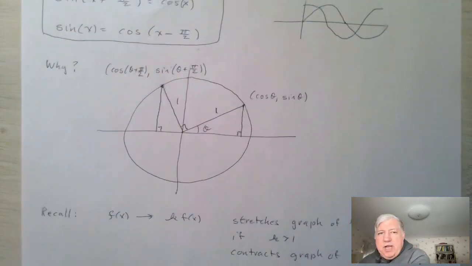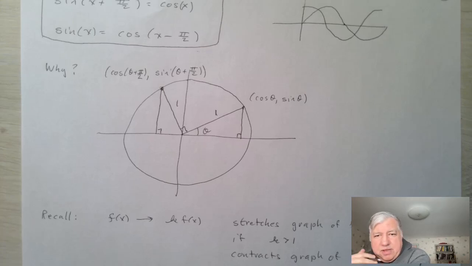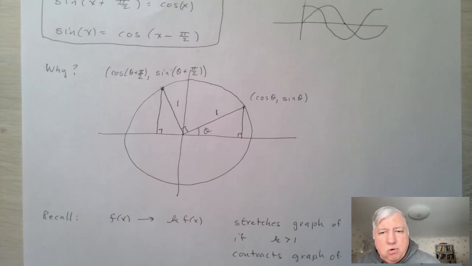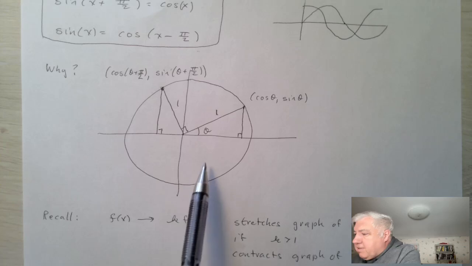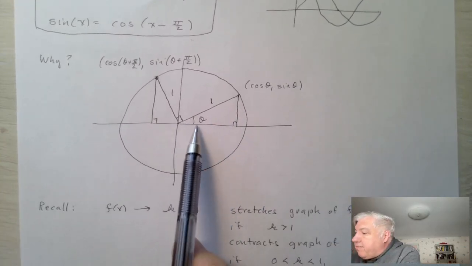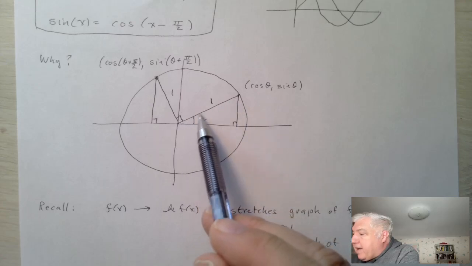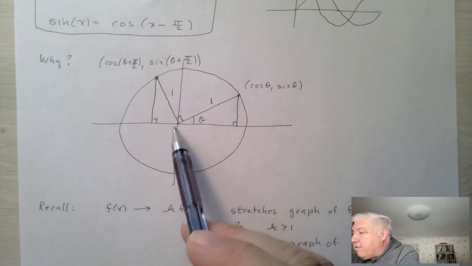I'll give you a quick sketch, and no, we won't be responsible for proving this on the test, but I think it's good to see why this holds, just going back to the unit circle, because that's how we define these functions. This is a special case where theta is in the first quadrant. So here's theta. Now here we have the ray coming out of the origin of length 1.